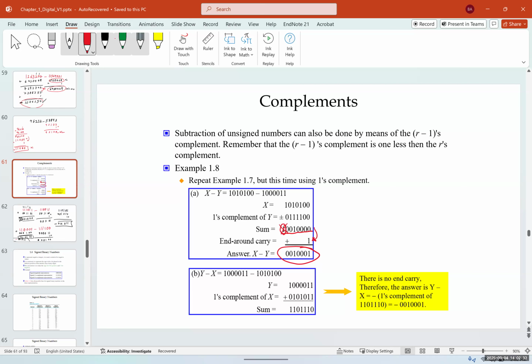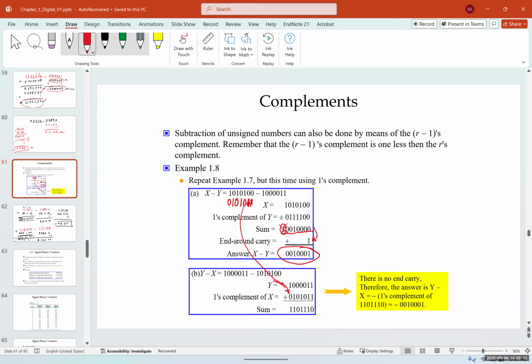And it's also the same when the second number is greater than the first number. Again, we will keep y and find x's ones complement, which is going to be 0, 1, 0, 1, 0, 1, 1, exactly this one over here.